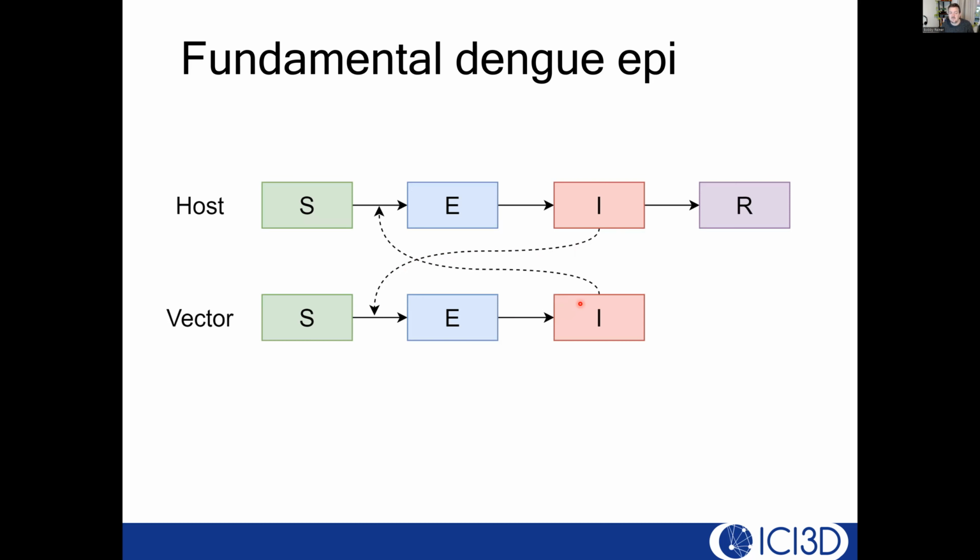Mosquitoes are hypothesized to be infectious until they die. On the other hand, humans are then able to recover. And I'm just focusing on any individual serotype. Maybe 40 years later, their immunity wanes and they become susceptible again. But this is the basic structure of dengue transmission.